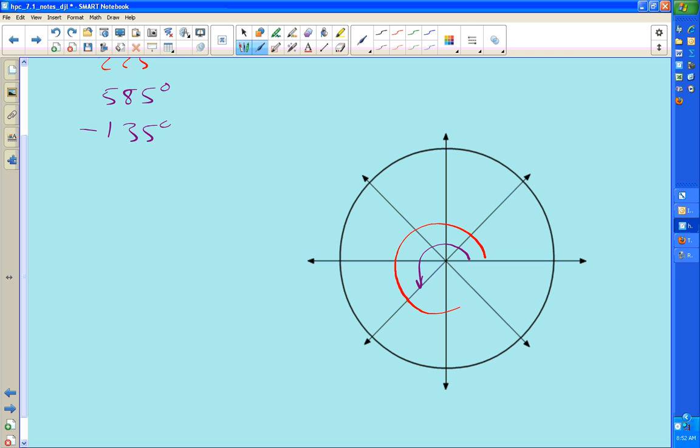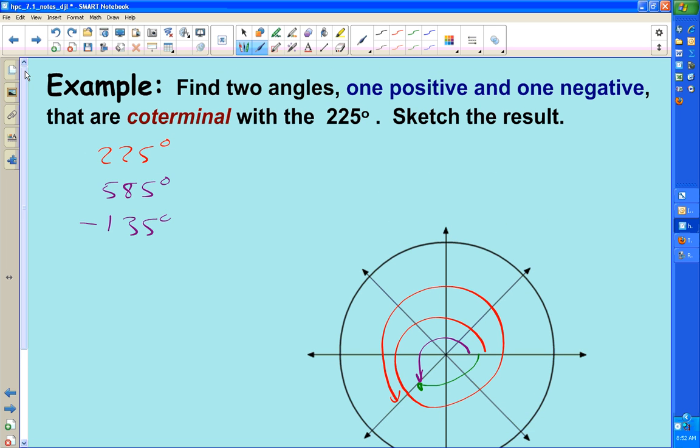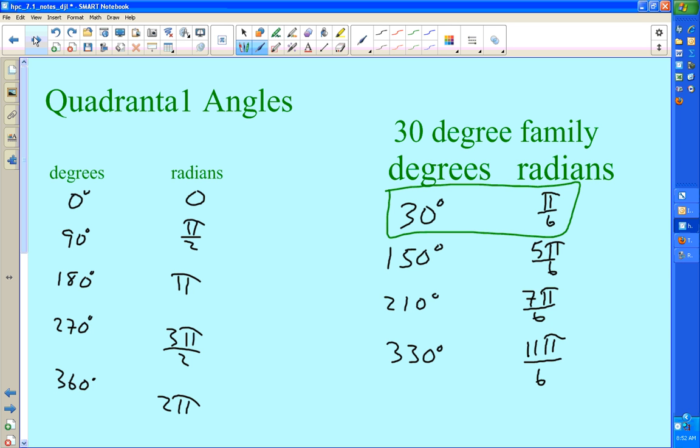This is 585. And this is negative 135. Constantly looking at terminology. This is all about details. We're in degrees. We're in radians. Which one are you dealing with? That's what determines how you behave here.